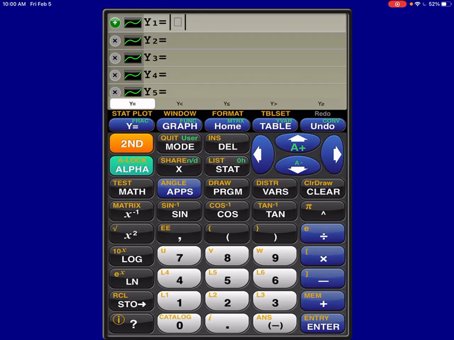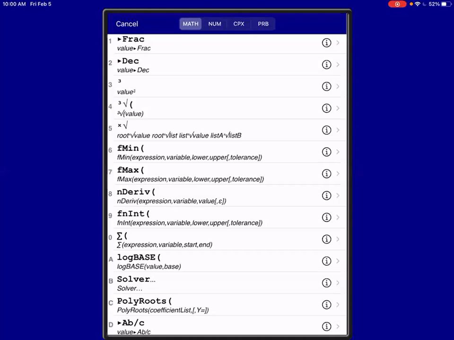Okay. So we're at y equals, which is the top blue button on the left side. And if you move underneath that, there's the orange, the green, and then it says math. Very left side, it says MATH underneath the orange and the green. So we're going to hit that. And then at the very top of your screen, there's a blue heading bar.